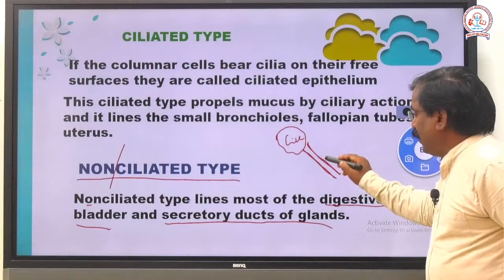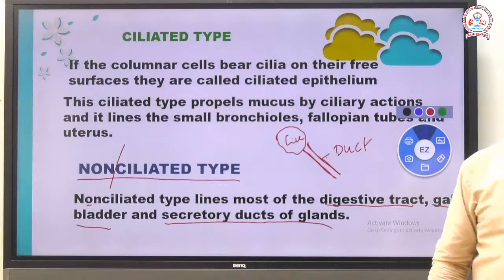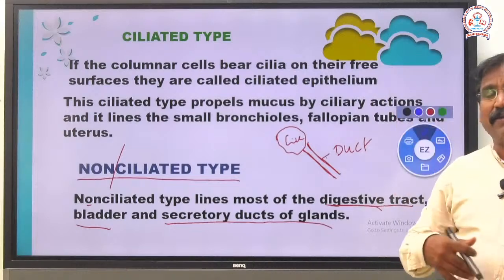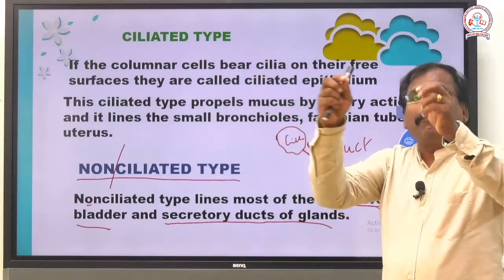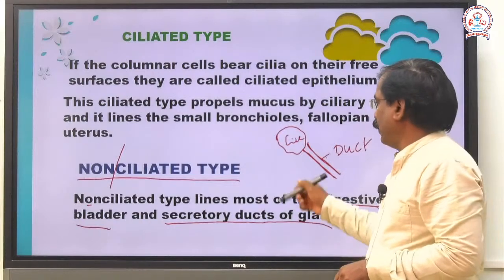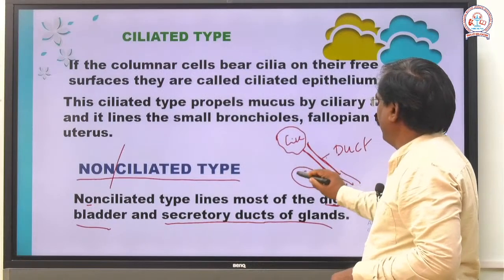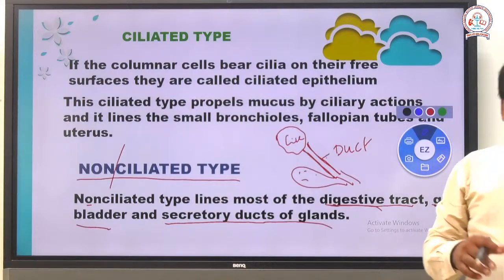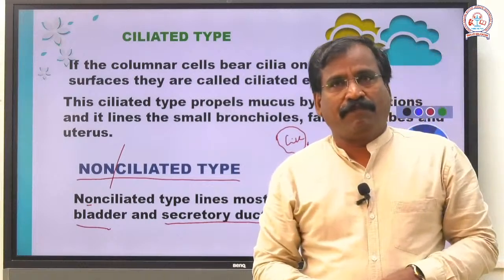So these are the ducts of glands, tubes that carry the secretion to the target organs. The digestive tract is the intestine, and then the gallbladder, where bile is stored temporarily. The liver secretes bile, and it is stored temporarily in a bladder called the gallbladder. So these are all lined with the non-ciliated type.